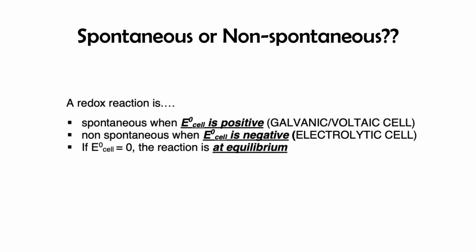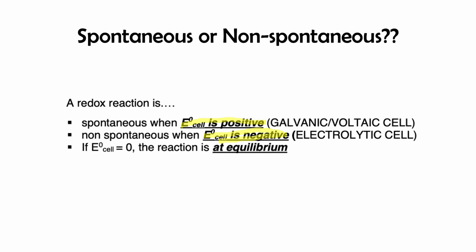And we will call the redox reaction non-spontaneous when the standard cell potential is negative. But if you get your cell potential equal to 0, therefore the reaction is at equilibrium.